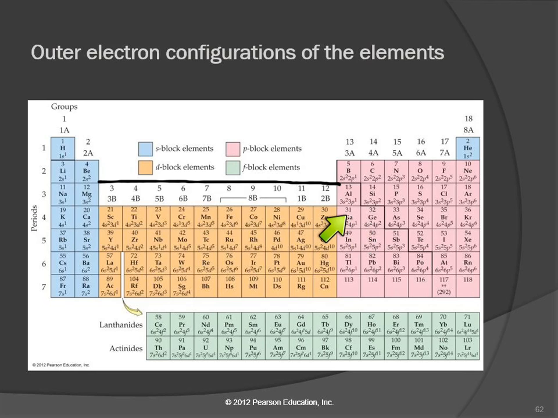This is the p block. 4p, there's 6. And next is 5s2. Again, this is sunk. So this is 4d, 10, 5p6, 6s2. And then we're just not even going to talk about that. But basically, it's cut and pulled apart, and that one sank also.